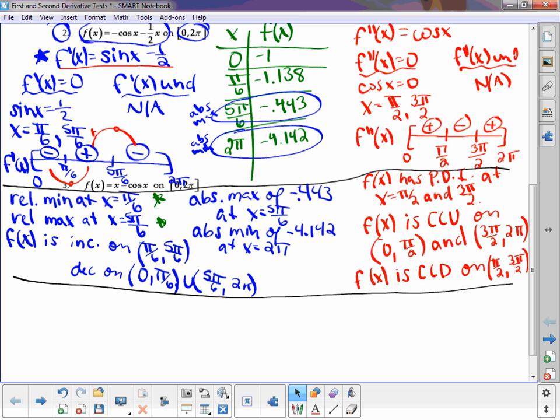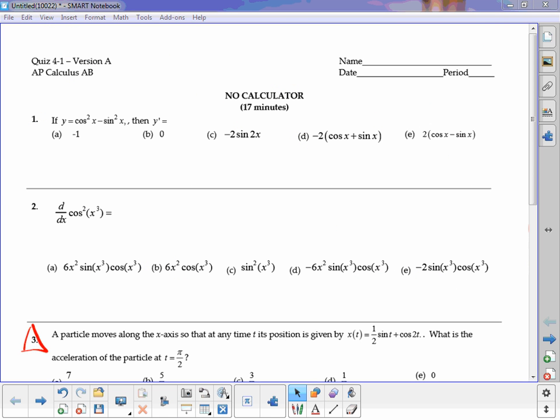Alright, we'll go over the three response together, but as far as multiple choice goes, let's go ahead and write those up on the board like we did before so I know which ones to give priority to.